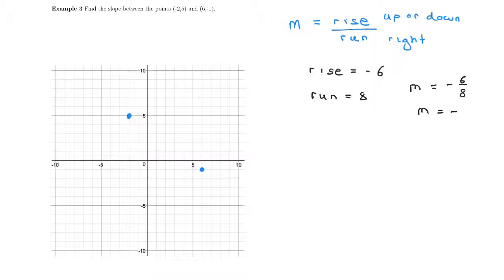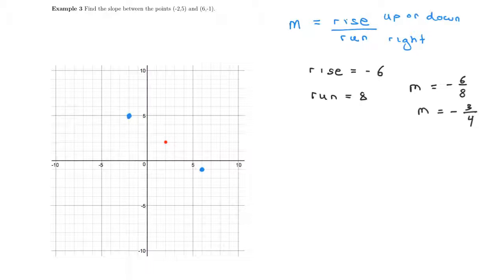We can reduce this a little bit. There's a factor of 2 in both of these, so that would be negative 3/4. So that's interesting. If you think about negative 6/8 versus negative 3/4, all right, negative 3/4, if we start here, would be you go down 1, 2, 3, and then you go 4 places to the right. 1, 2, 3, 4.